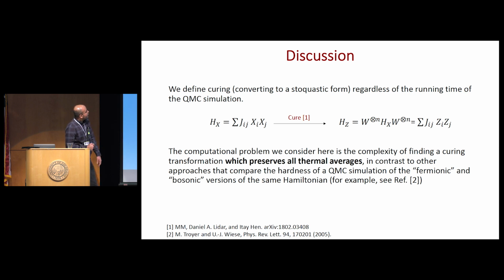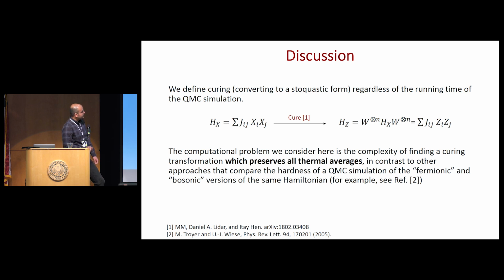So with this definition, we don't care about the running time of quantum Monte Carlo on the new Hamiltonian. So here, the cured Hamiltonian is some Ising model, which can still be NP-complete to approximate the ground state. But we say that this transformation is efficient to just bring it into this form.